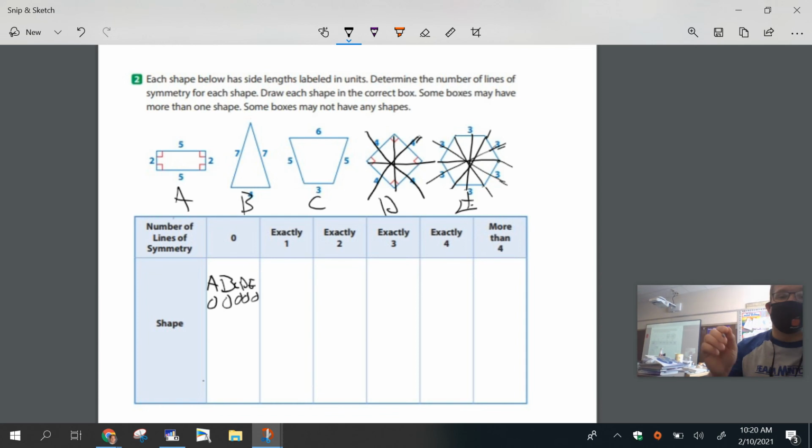And so if shape A has 0, you would put a check mark in it. You would select it, okay? But again, there will be at least one in every one. If there are 5 shapes and 4 boxes, what does that mean? There will be 2 in one of them, yes. You'll use all the shapes. There'll be 2 in one. I'm not going to tell you which one has 2. Okay?